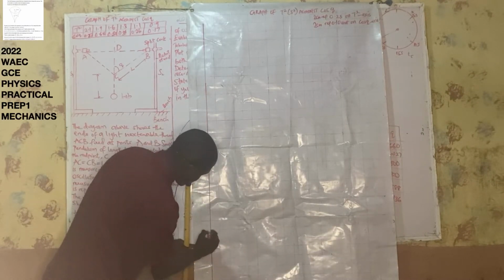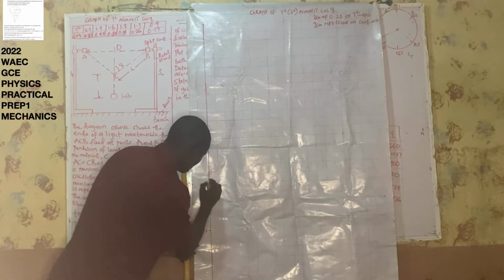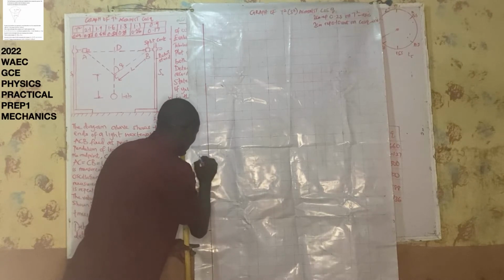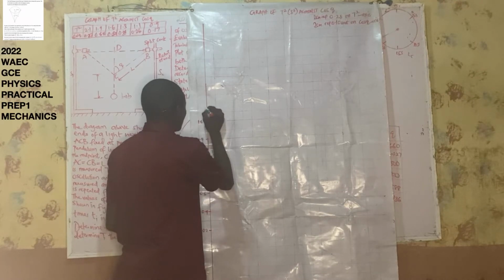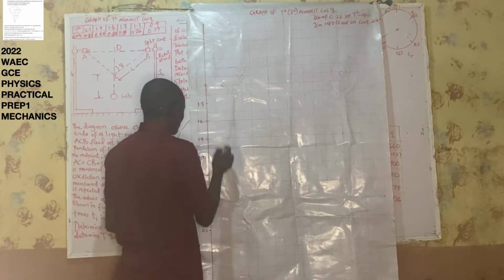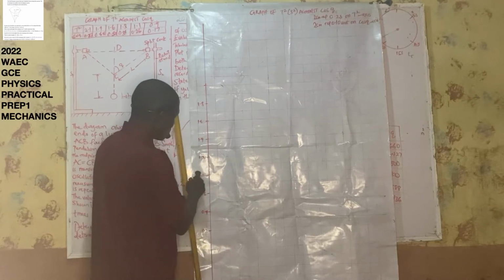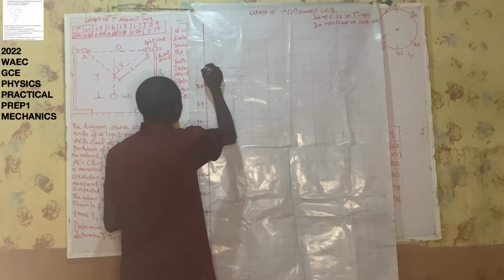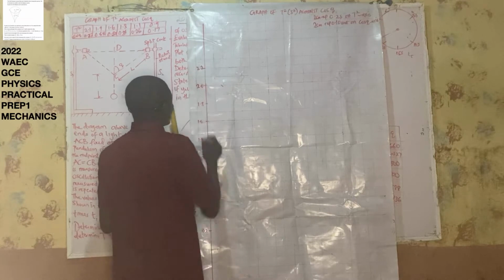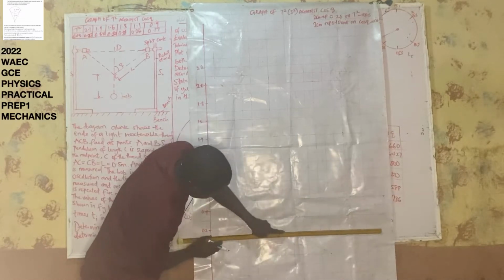Here we have 0.2, 0.4, 0.6, 0.8, 1.0, 1.2, 1.4, 1.6, 1.8, 2.0, then 2.1, 2.2. Then we can still even adjust it up. We want to, but because of our time, let's just maintain this size.